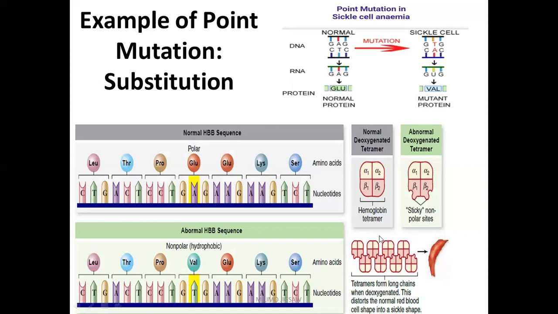That hydrophobic region makes the protein sticky, leading to their association into long chains, which distort the shape of the red blood cells. So this is an important example of mutation, sickle cell disease, due to a mutation in the HB gene.